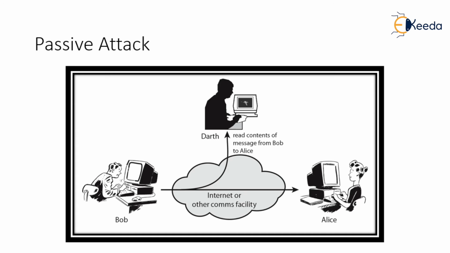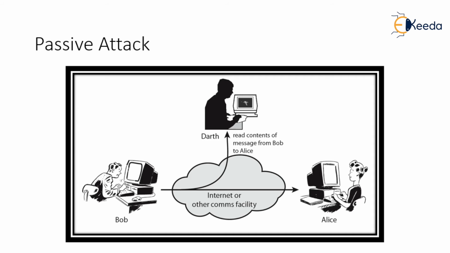But what happens in the passive type of attack? Here the attack happens, but the attacker, the intruder, will not hamper your data, will not modify or update your data. The attacker will not do anything with your data.